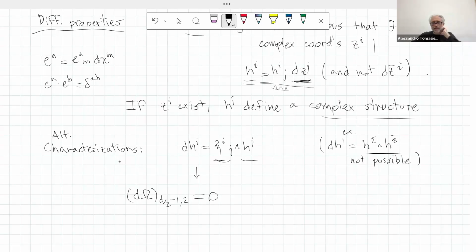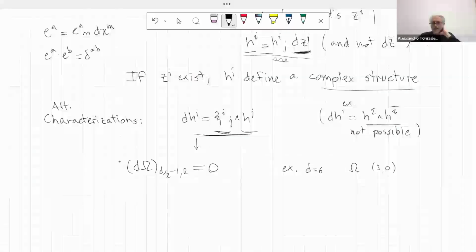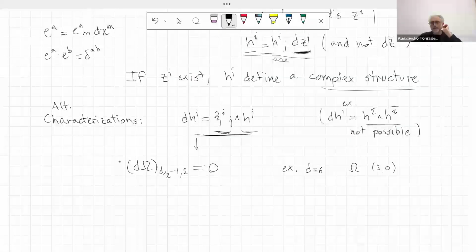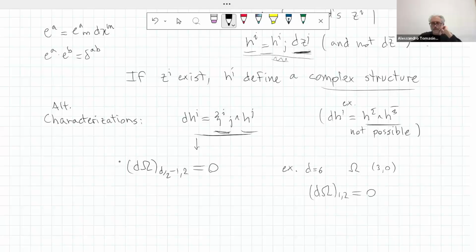I mean, say we take d equal 6 again, so omega is a 3 form, and in fact a 3-0 form. But because of this property here, d of it, the d can generate at most one H bar, never 2. So because of this, the omega, so in this case it will be 1, 2, is 0.